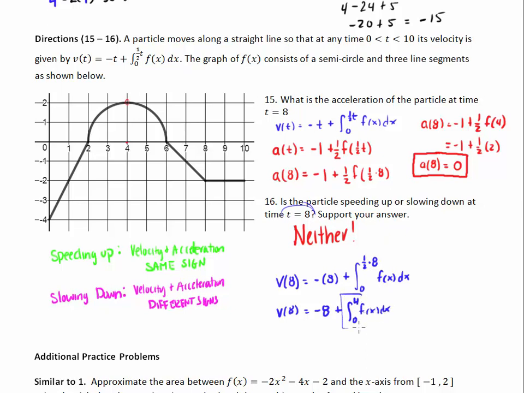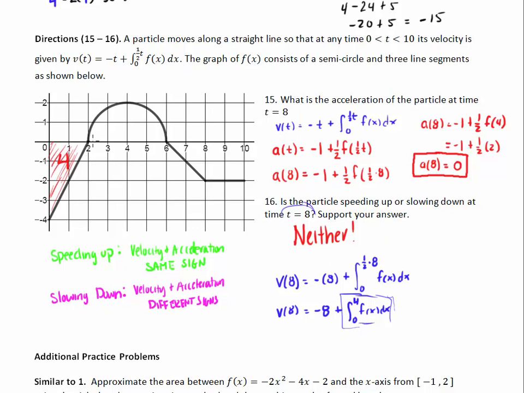Now, if I wanted to evaluate this part right here, I could look at my graph, 0 to 4. That indicates that we are finding the area between the curve and the x-axis. Notice we're starting at 0 and going to 4, so we are integrating to the right. So this is going to count as negative values. In fact, we can figure out whether this triangle is 2 by 4, so that's 8, cut in half is 4. So that's 4 units.